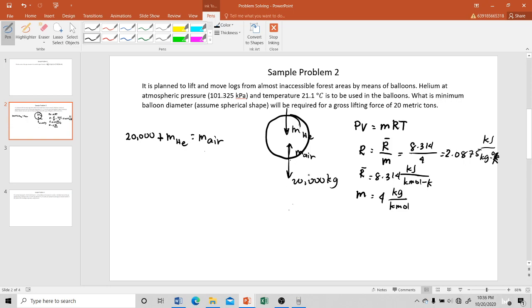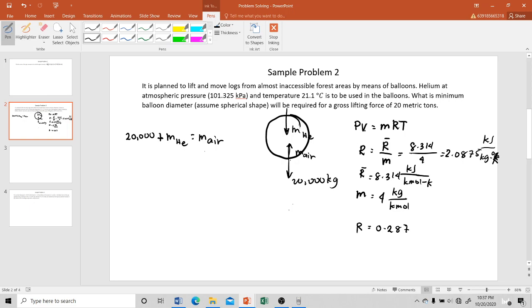Right, we already got in the previous problem the gas constant of air, which is equals to 0.287. So now we can equate in terms of volume.